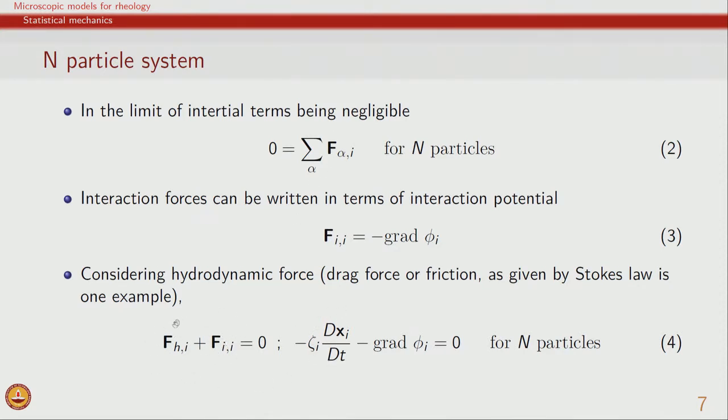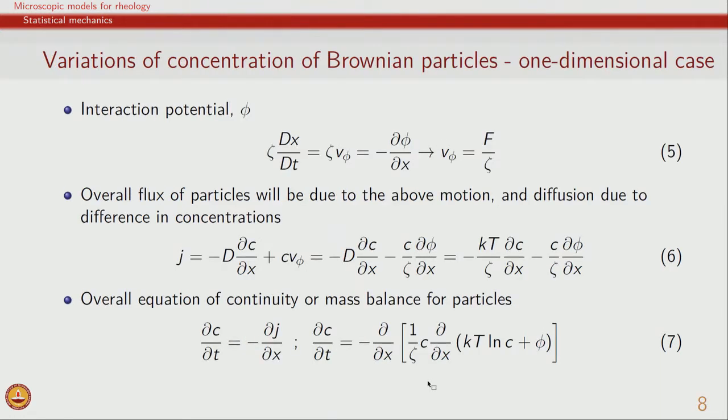Given that we are only considering friction between the particle of interest and the surrounding medium, we have the friction coefficient into the velocity as we saw earlier, and the gradient of phi which describes the force of interactions. So, the Gavani equations for all the particles is simplified, and it says that hydrodynamic force or drag is balanced by the overall interaction force.